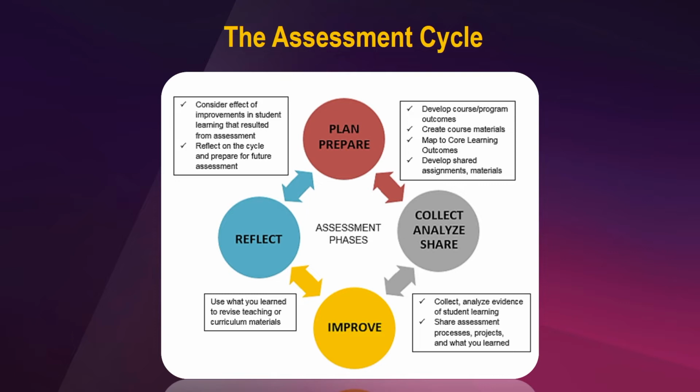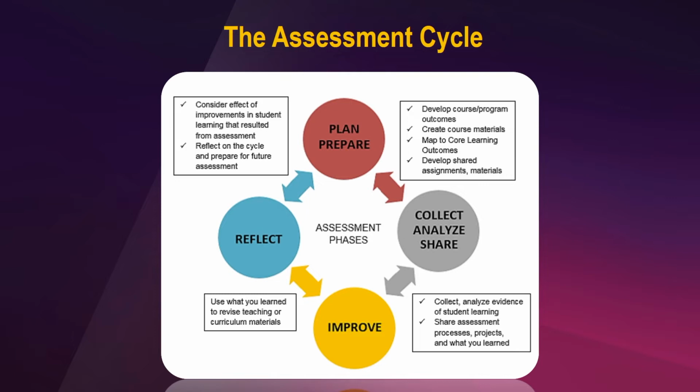So, what do we do in each phase? Please see, in the planning phase, we have to develop the course or program outcomes, then create the course materials, map them to the core learning outcomes, and develop assignments and materials. Then in collection and analysis, we collect and analyze the evidence of student learning, share the assessment practices, projects and processes, and see what they have learned.